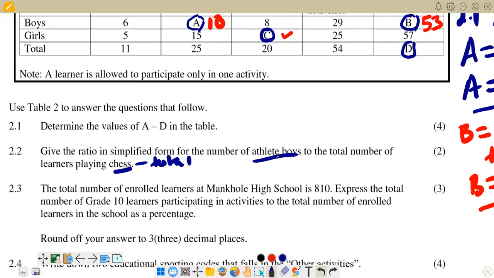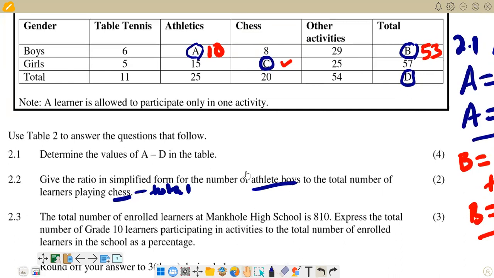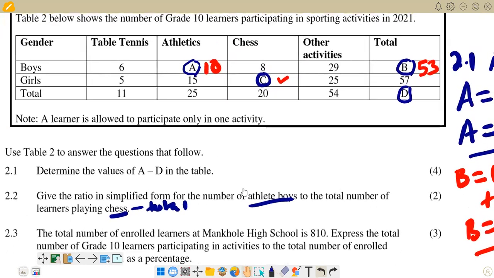but for athletics, we are going to only take the boys. So we come here, we put athletics, and the boys figure is 10. And then the total figure for chess is 20.